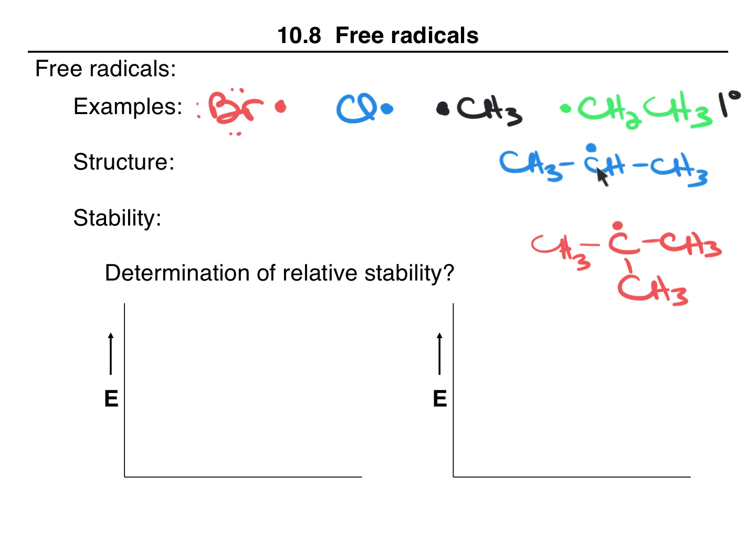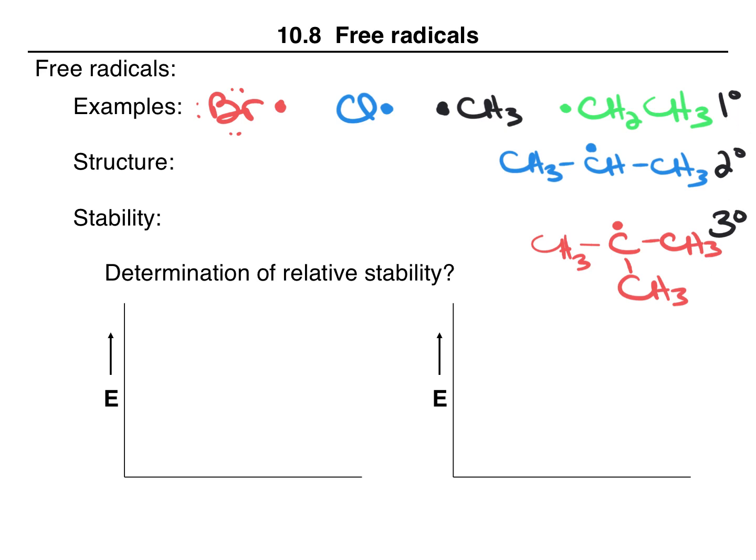Here, the radical's on a carbon that's connected to two carbons, so this is a secondary radical. And here, the radical is on a carbon that is connected to three carbons, so this is a tertiary radical. So we can have a methyl radical or primary, secondary, or tertiary.